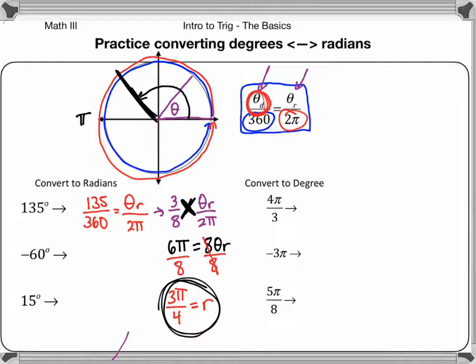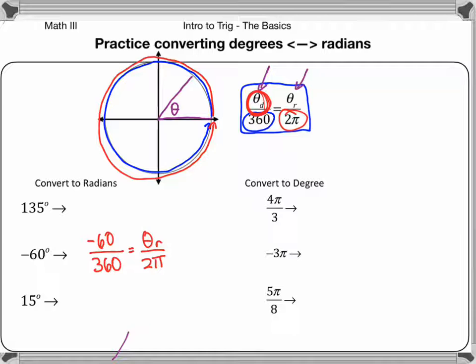All right, so let's look at the next one and see how a negative sign could impact it. For the negative 60, I plug in up top because that's the degrees, and I want to know how many radians that is going to be. So I'm going to reduce the left-hand side, and that reduces down to, pardon me, 1/6. And I am going to cross multiply. So I end up with negative 1 times 2 pi, which is negative 2 pi, and 6 theta r is going to equal that right-hand side.